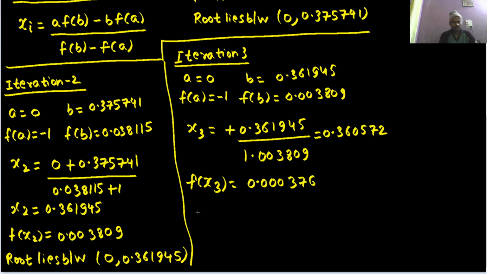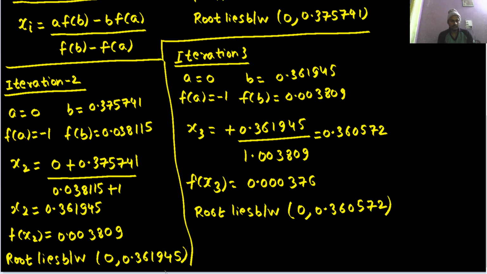Okay, so our root lies between, again because it came positive, will not touch the lower limit, and upper limit now shifts to, not change by this value function, you have to change it by x3 value, which is 0.360572.